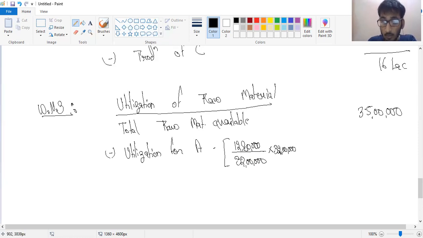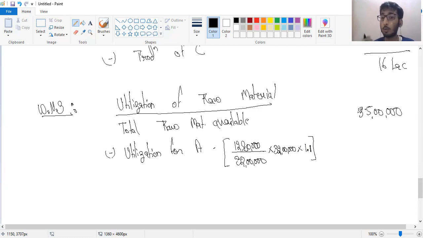But here, one twist: raw material price now will go up by 10%. This 35 lakh already includes 10%. We are given that the maximum raw material which I can avail is 35 lakh. So this 35 lakh already is 1.1 times. Now, how much would be utilization for A?